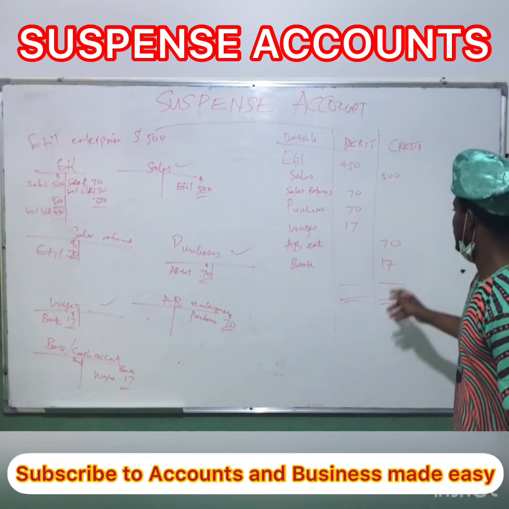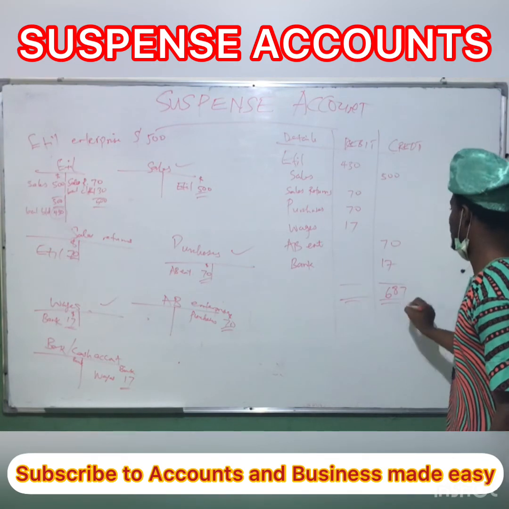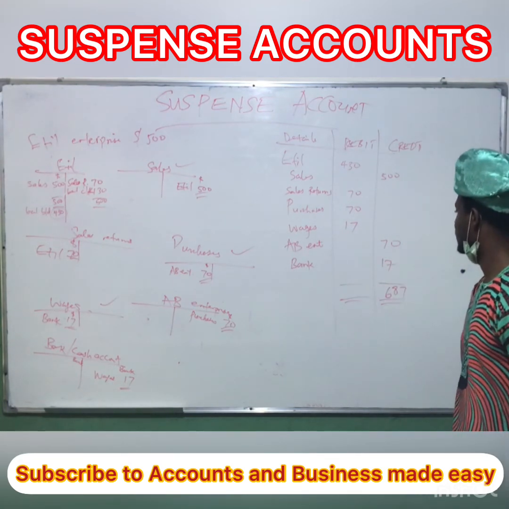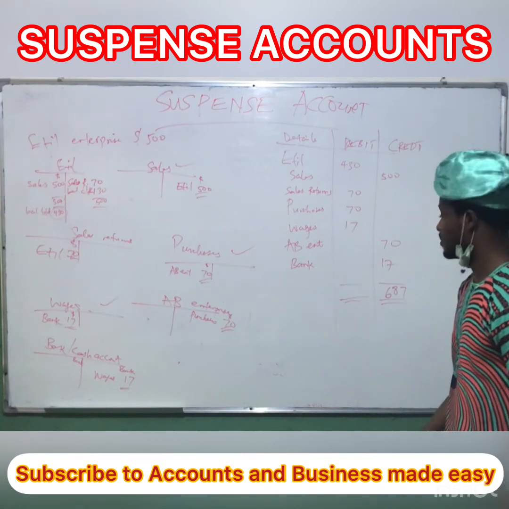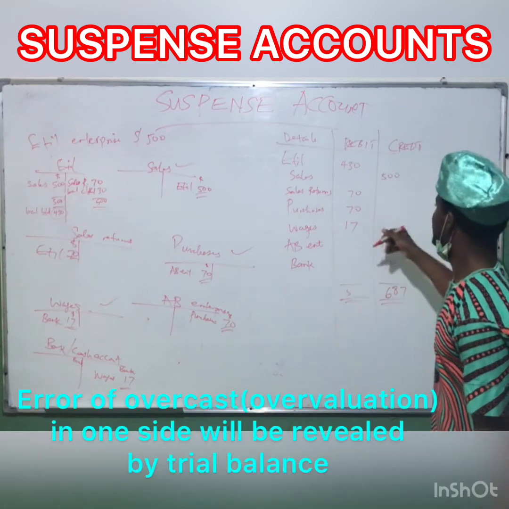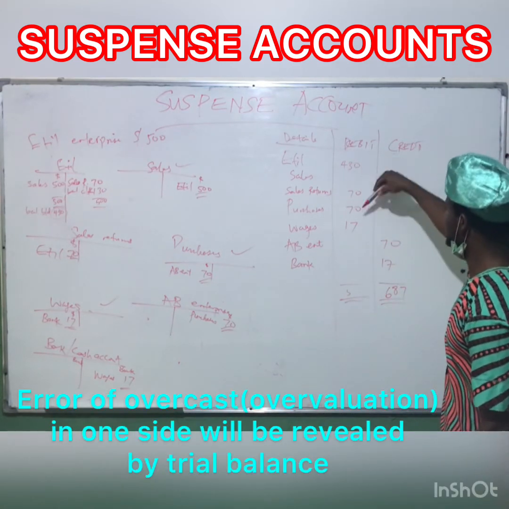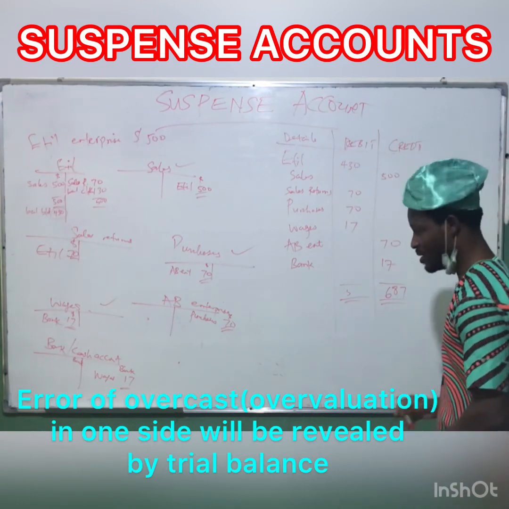Right side 687. Okay, the left side is 587. The other one is 587. Please let me redo this side. What's the total? 587.